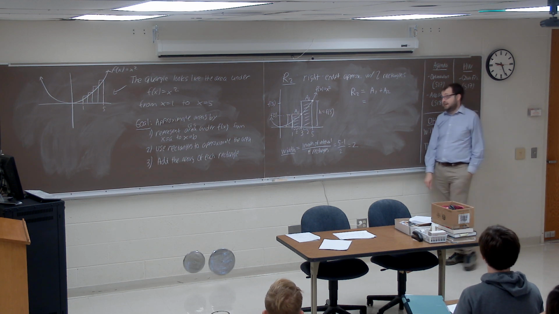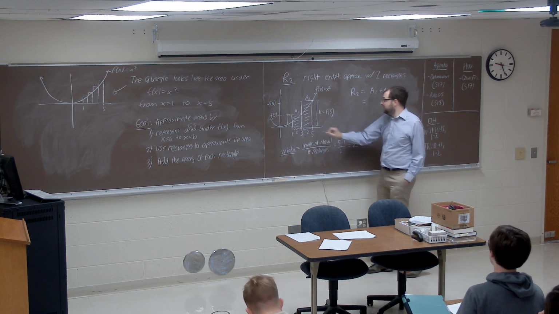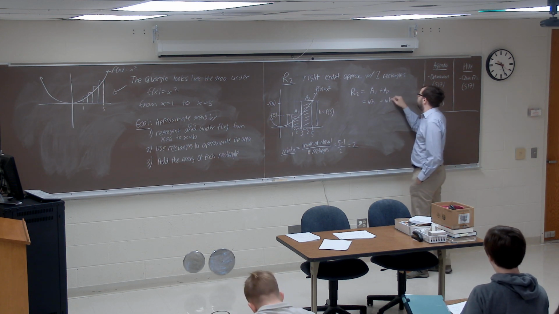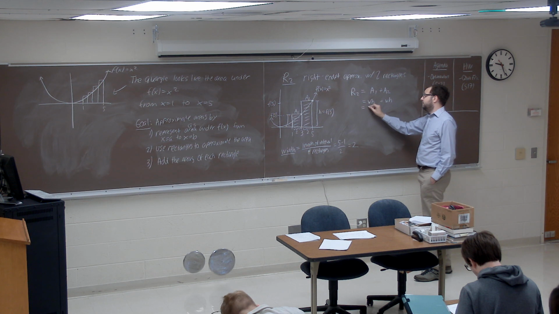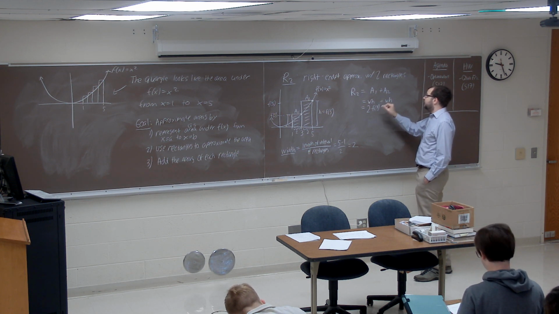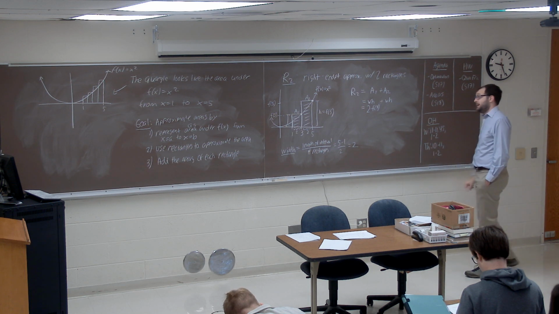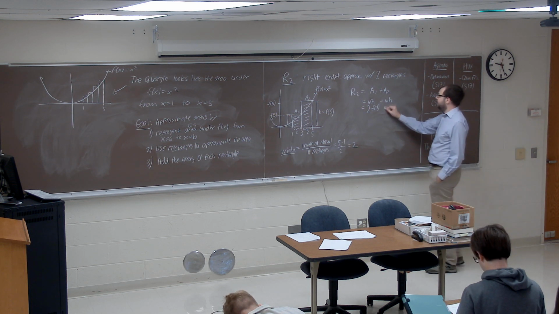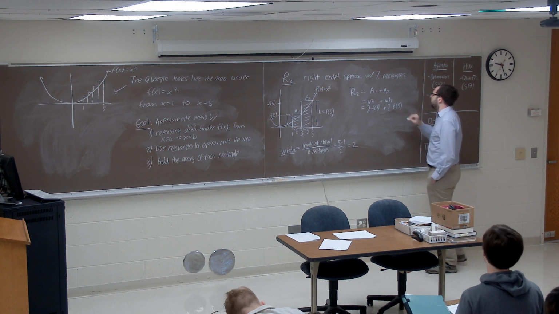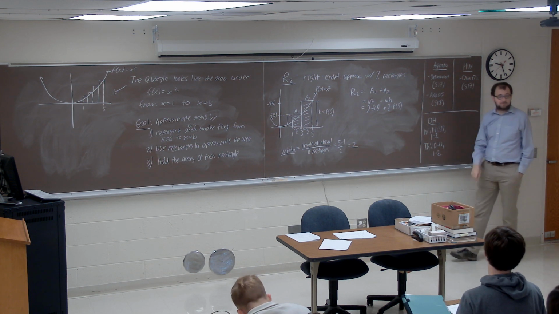We know what the width is. We know it has a width of 2. Same with the second rectangle. So we can plug in 2 for the width and f of 3 for the height of our first rectangle. And for our second rectangle, we'll have a width of 2 and a height of 5.